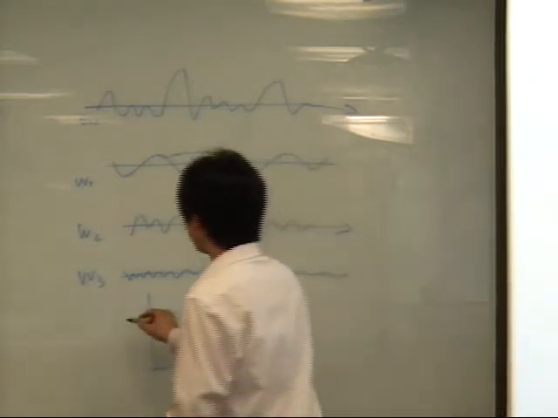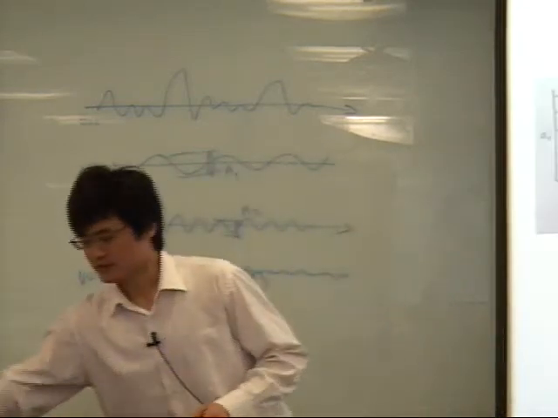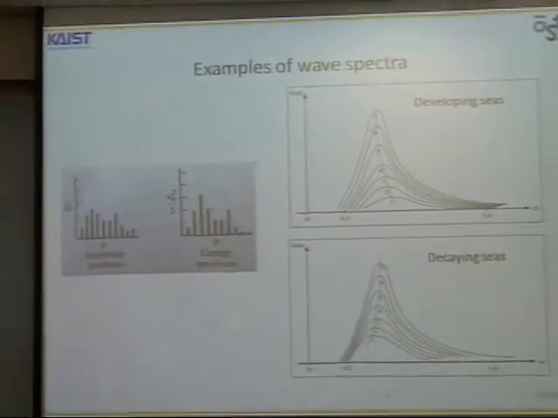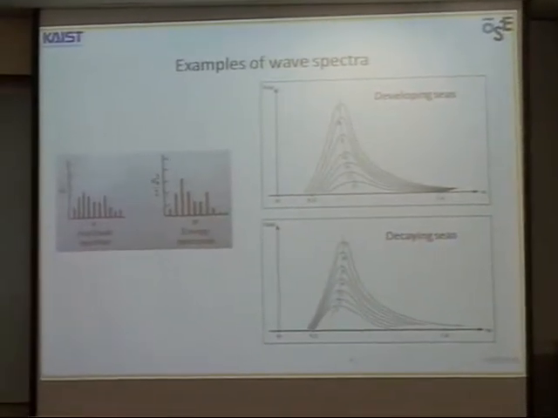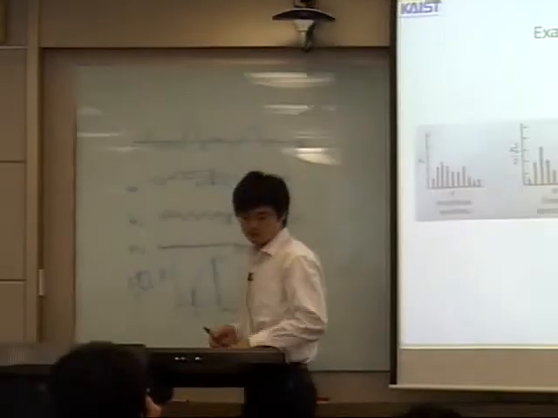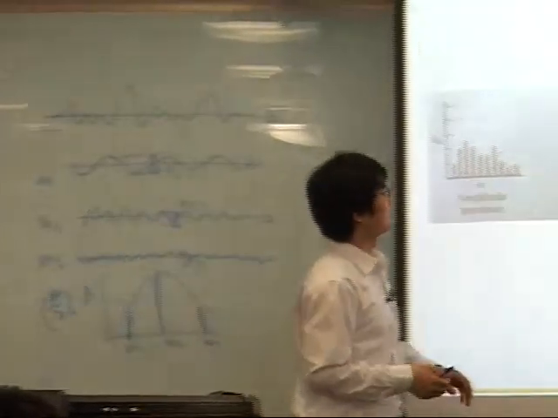This is called a wave spectrum. It's actually called an amplitude spectrum. In reality, this is A, but we want to check the energy, so that's the energy spectrum. In reality, it's all in the sea.